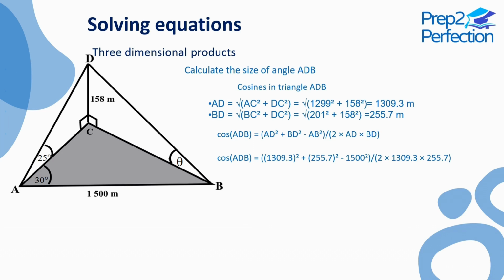Cosine of ADB is equal to 1,309.3 squared plus 255.7 squared minus 1,500 squared over 2 times 1,309.3 times 255.7. This equals negative 0.7028, which gives us ADB equals the arc cos of negative 0.7028 equals 134.7 degrees.